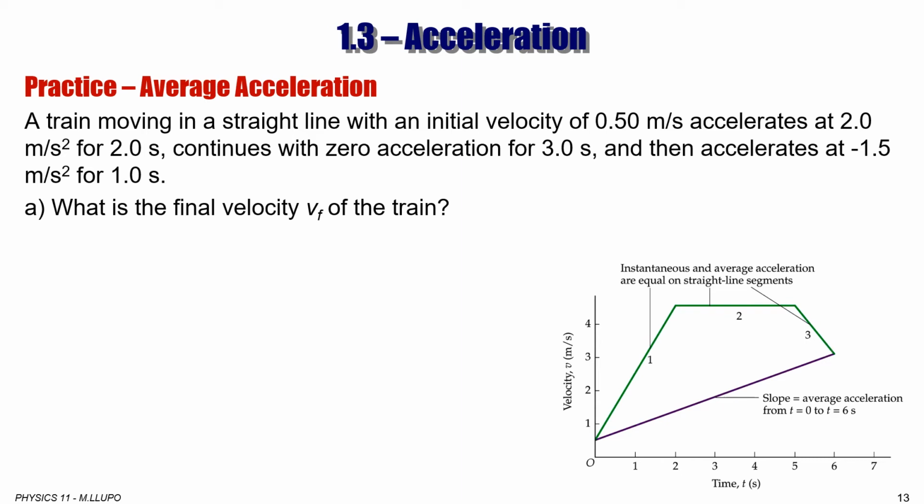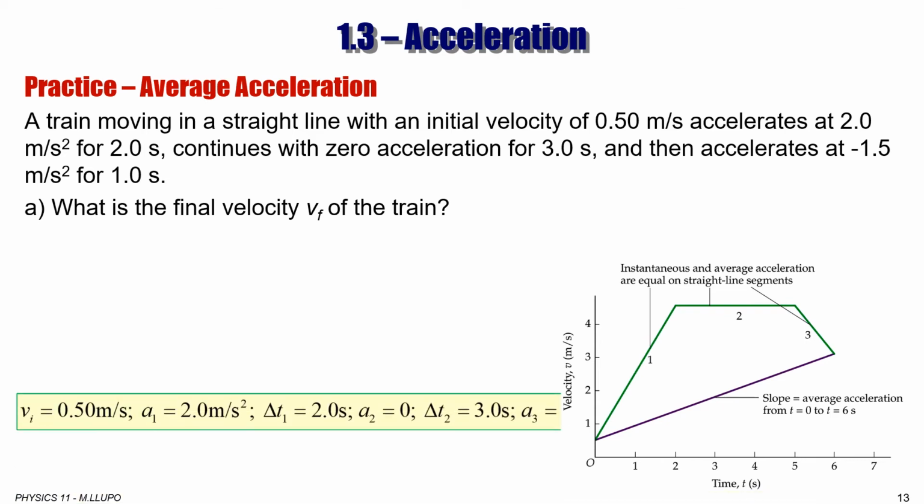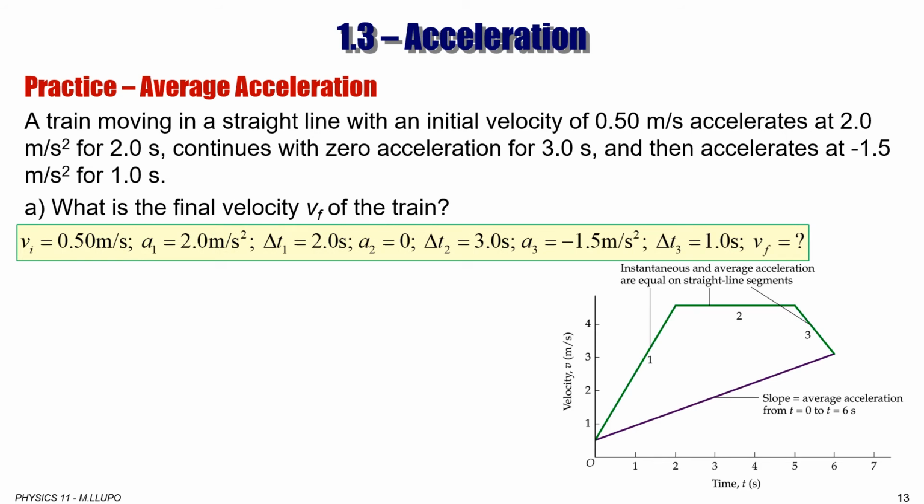What we are looking for here is the final velocity of the train after 6 seconds. So there are 3 changes, and we can calculate final velocity separately for each segment, or we can just calculate it as a change in velocity.